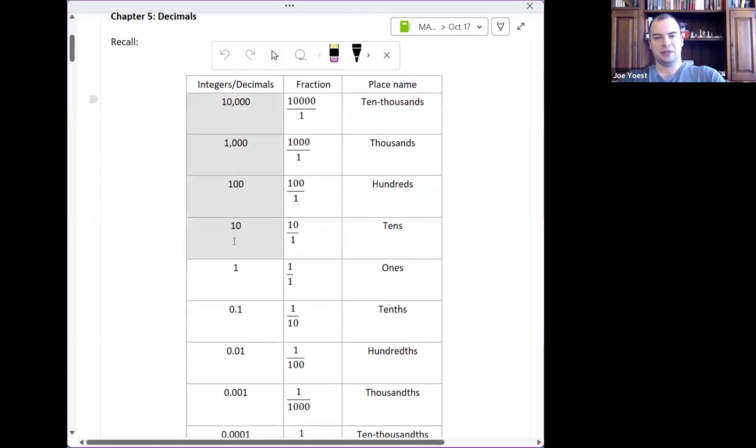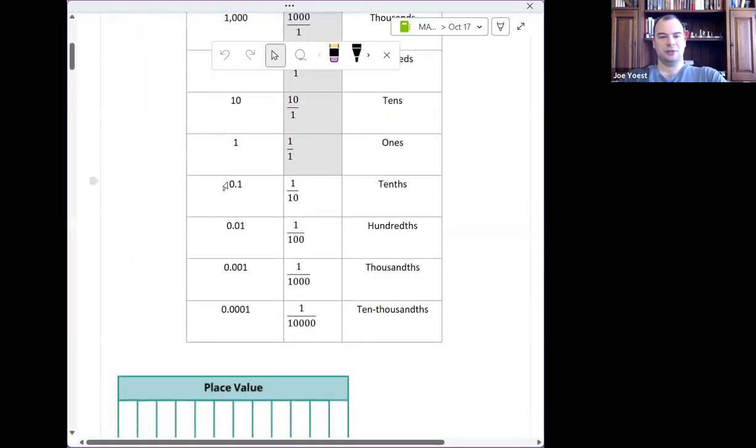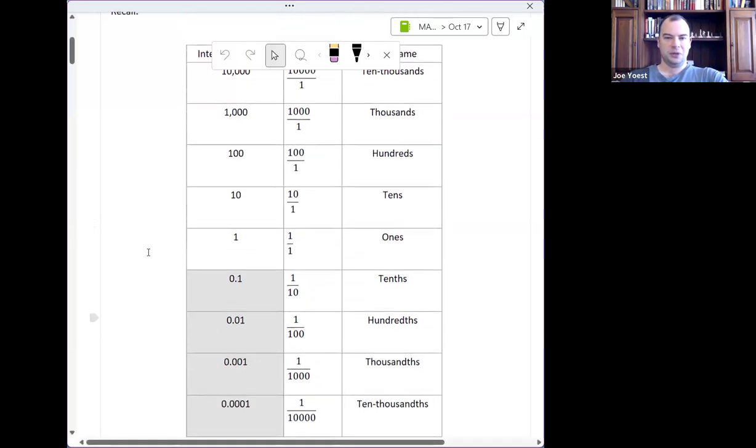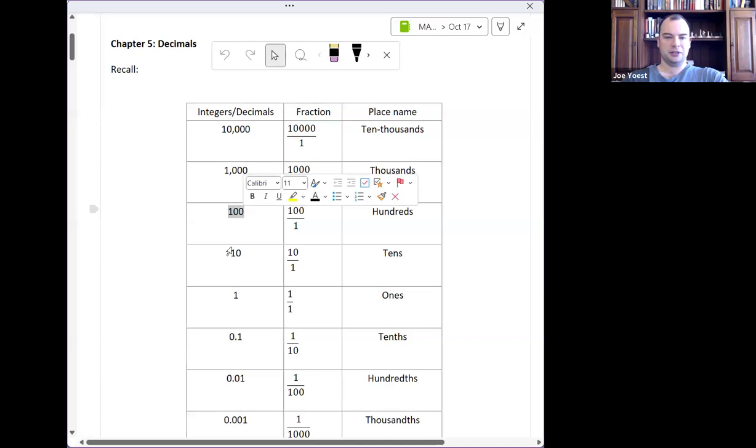As we lose powers of 10 from the natural numbers, we can think of that as losing powers of 10 from the numerator in a fraction. And if we continue dropping powers of 10 from our natural numbers, once we get down to 1, we start moving that 1 from the hundreds place to the tens place to the ones place.